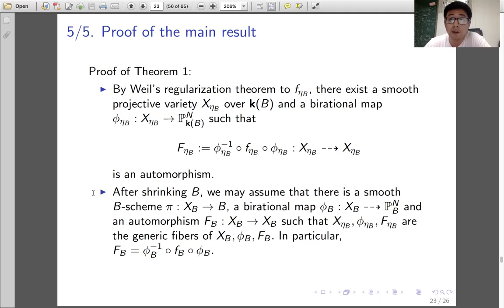In particular, F_B equals phi_B^{-1}∘F_B∘phi_B.